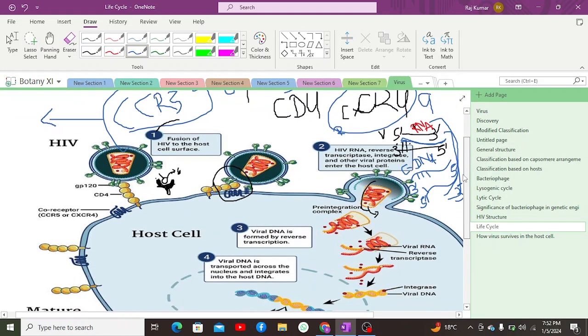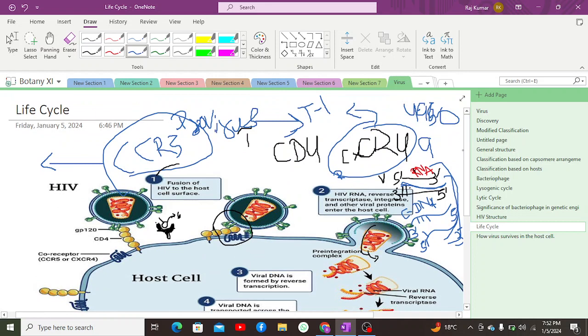Out of these nine genes, three are responsible for the structural components, such as the envelope and the glycoproteins. Their lipid bilayer is host derived, whereas the glycoproteins are encoded by the genes.